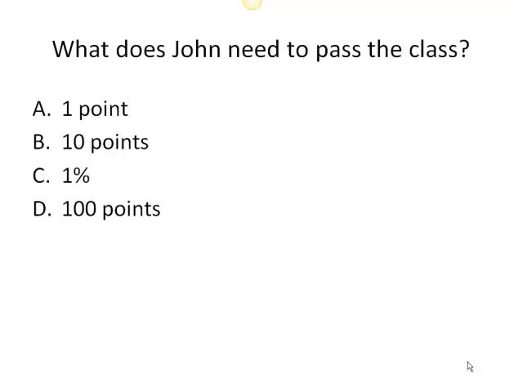Answer C provides you with the answer of 1%. So answers B and C are equivalent, but they are expressed in different forms. Both of them will be acceptable, but you have to express them in the right context.